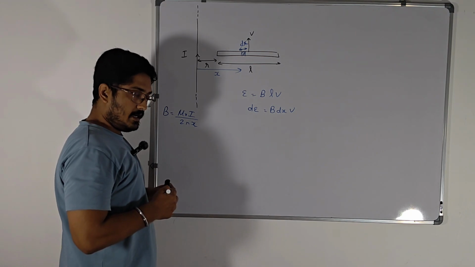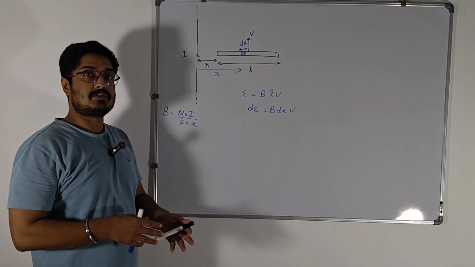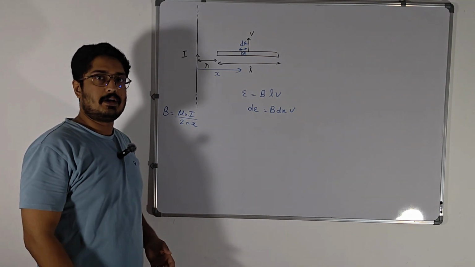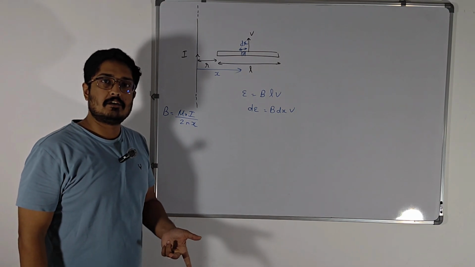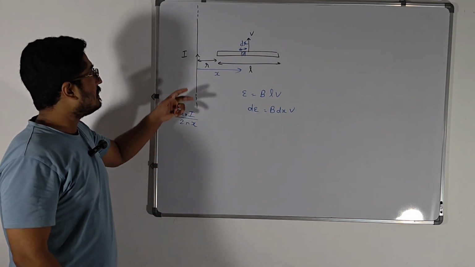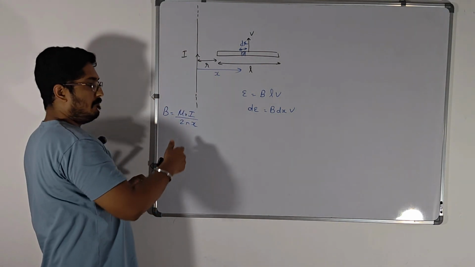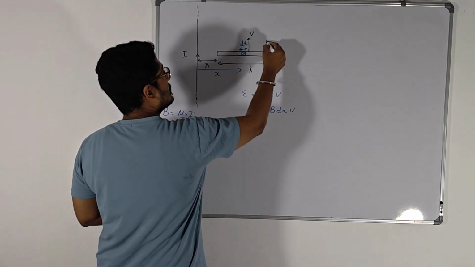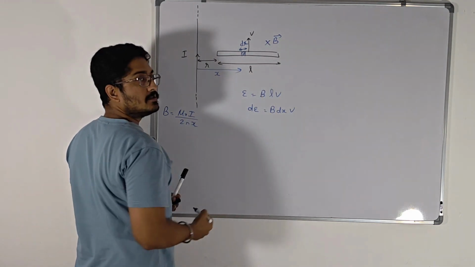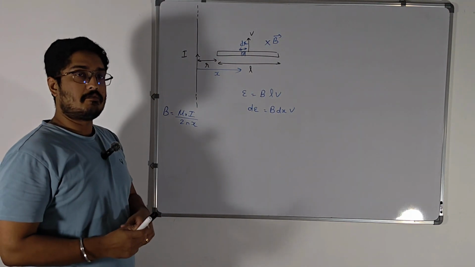And what about the EMF direction? That means which side is plus and which side is minus. You can find that by using Fleming's left hand rule. The magnetic field produced by this wire would be inwards at this location. Then what is the direction of the EMF?